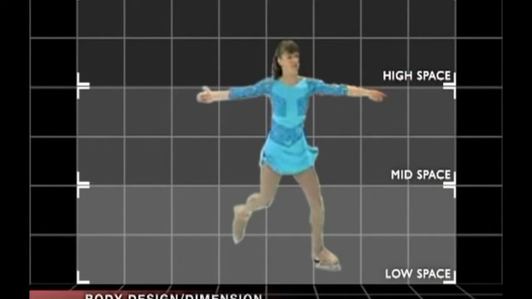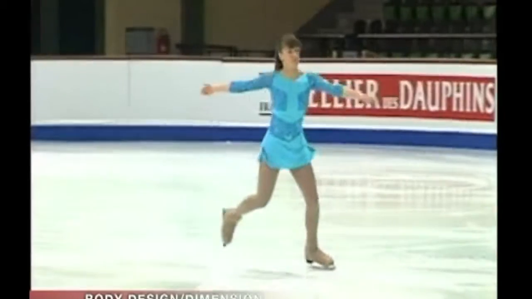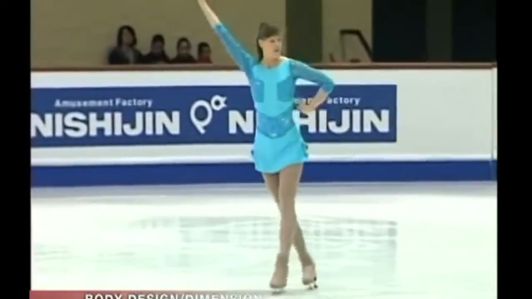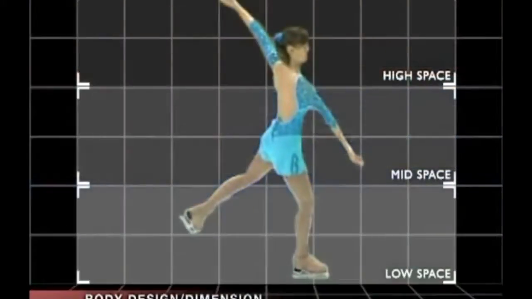She is still in the upright position with her arms and free leg only slightly extended away from her main body core. Again, only slightly extended arms and free leg, no main body core deviation.